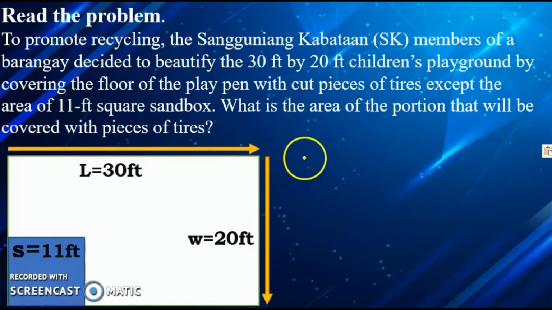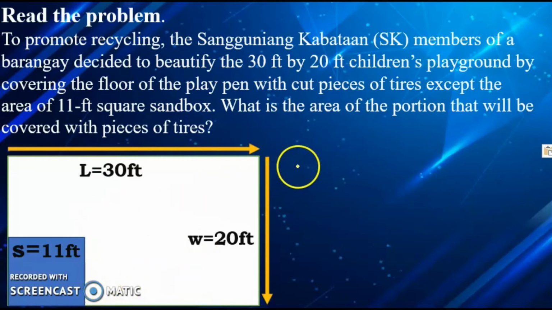Then, ang next natin is solve natin yung area nitong square, and then yung area ng rectangle minus yung area ng square, yung sandbox, para makuha natin yung sagot. Okay? So, makukuha na natin yung area nitong white part.